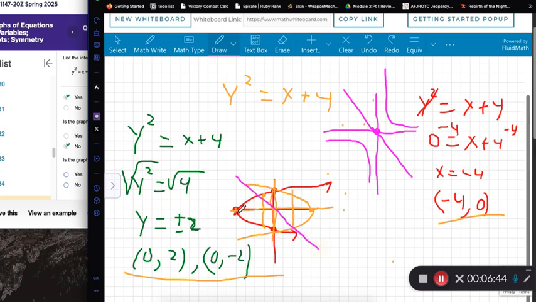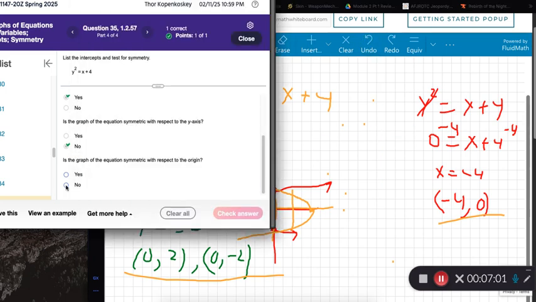If we fold it over, again, just like flipping over the y-axis, it looked really weird, and it would not give us a symmetrical function. It would not be the same. So no, it is not symmetric to the origin.